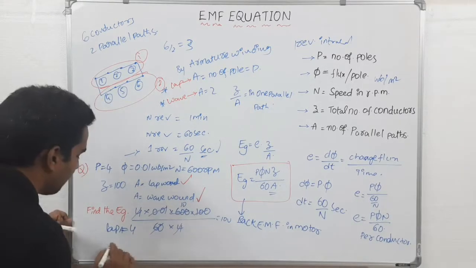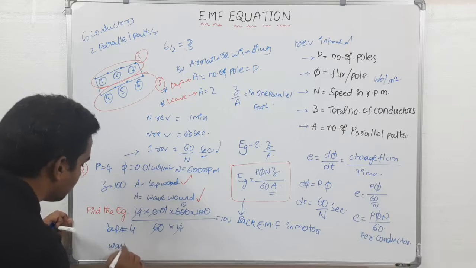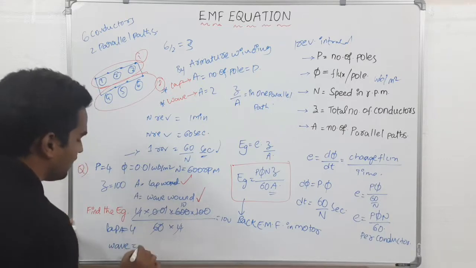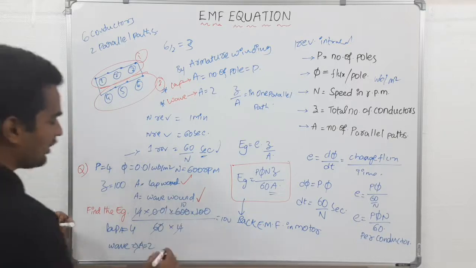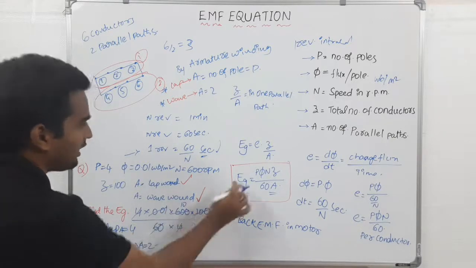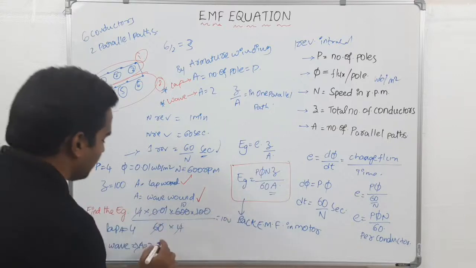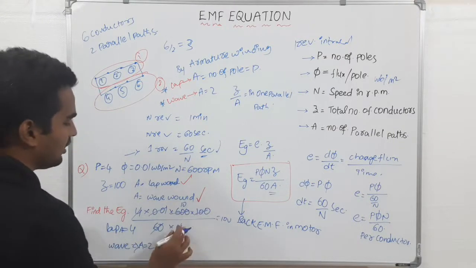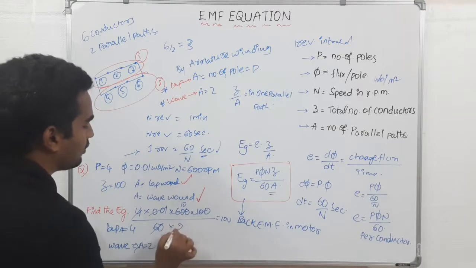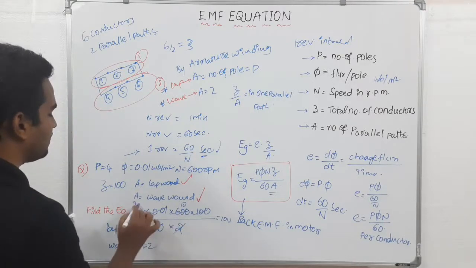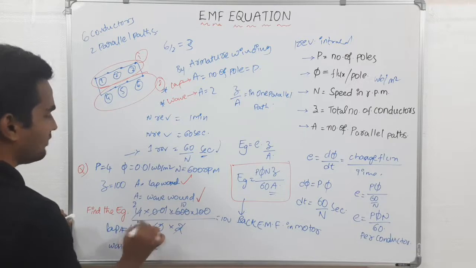If it is a wave winding machine, A equal to 2, therefore with the same values P phi N Z by 60A, instead of 4 I need to put 2, so this will cancel 2 times.